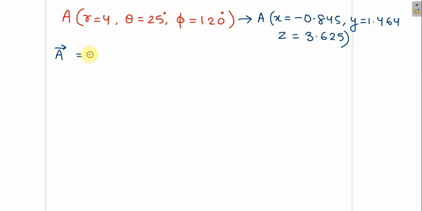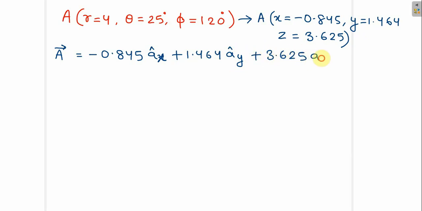Okay, so we can write minus 0.845 ax, meaning the unit vector in the direction of x, plus 1.464 ay in the direction of y, and plus 3.625 in the direction of z. So in this way we have written the A vector, okay.